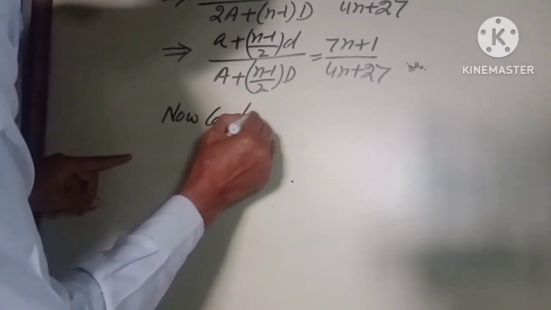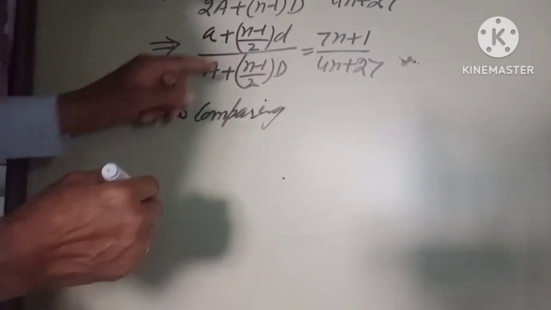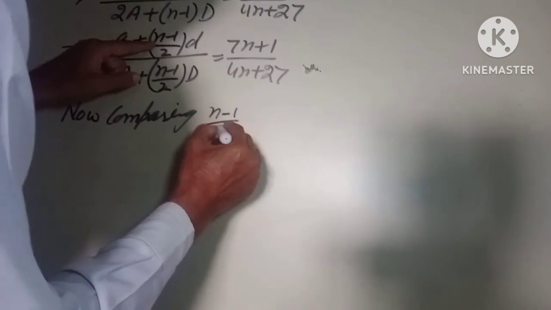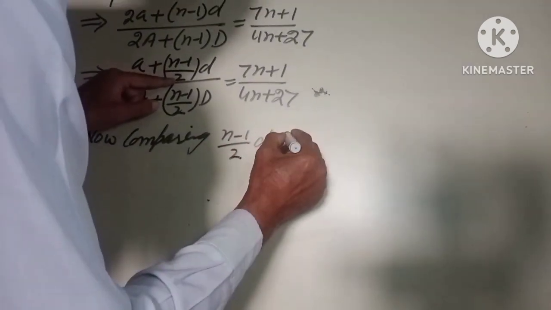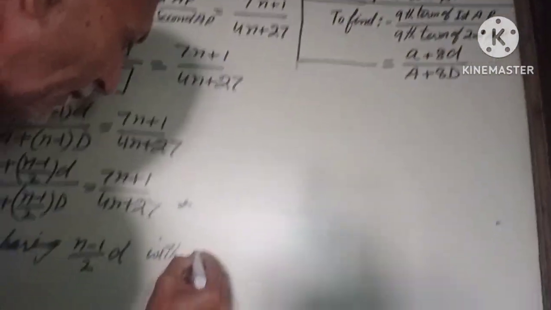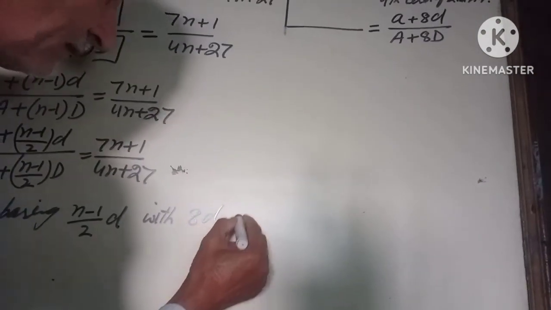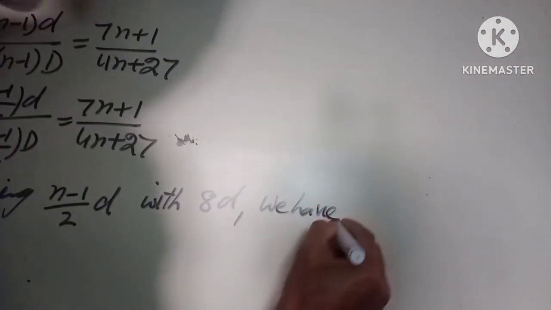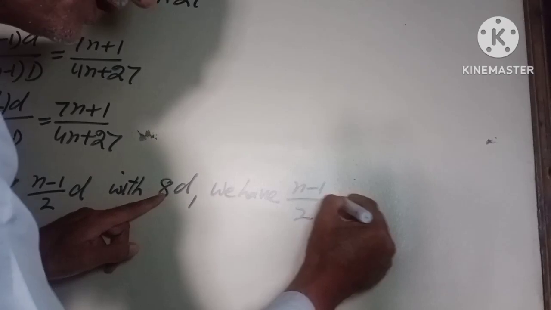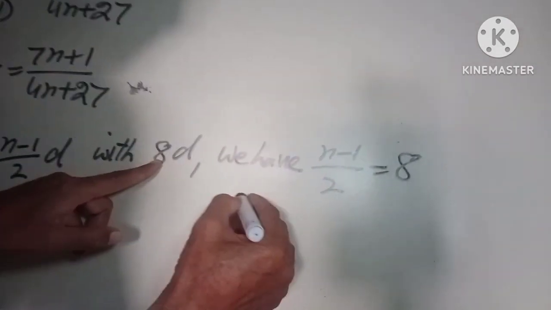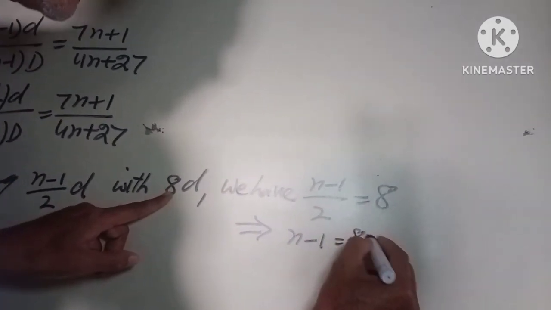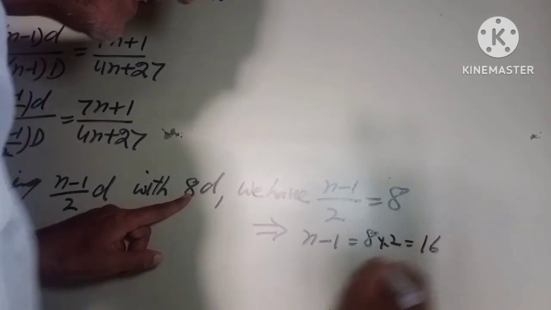Now comparing n minus 1 upon 2d with 8d, we have n minus 1 upon 2 is equal to 8, or n minus 1 is equal to 8 into 2, this gives you 16.